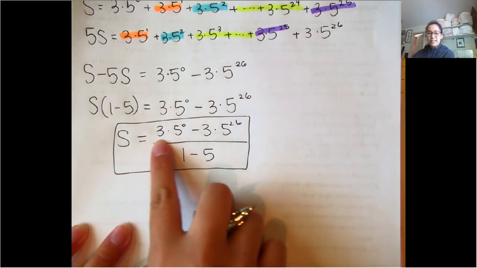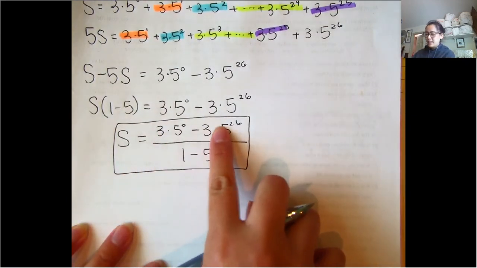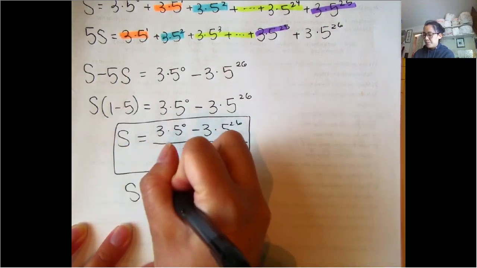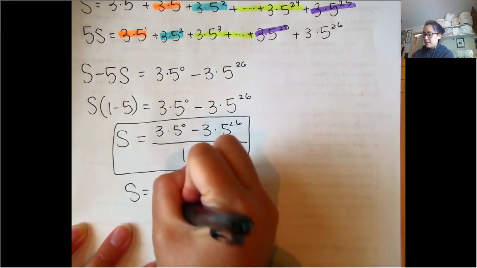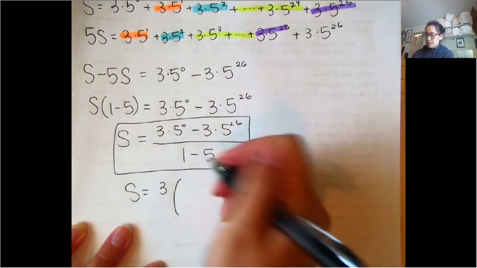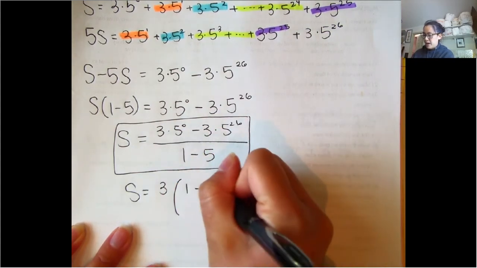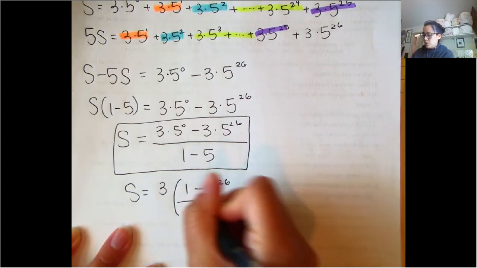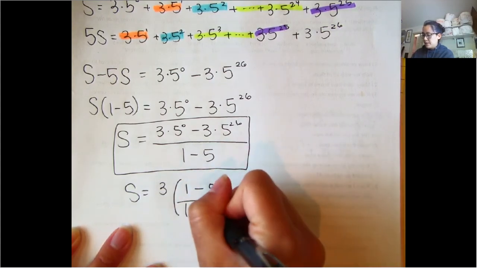First of all, I want us to factor out the 3 and simplify the 5 to the 0. So we have S equals 3 times, and then 5 to the 0 is 1, so 1 minus 5 to the 26th power over 1 minus 5.